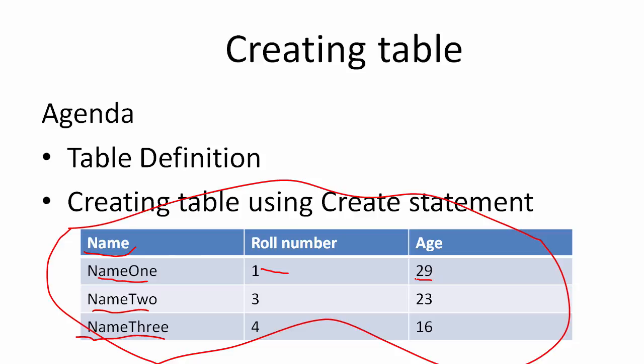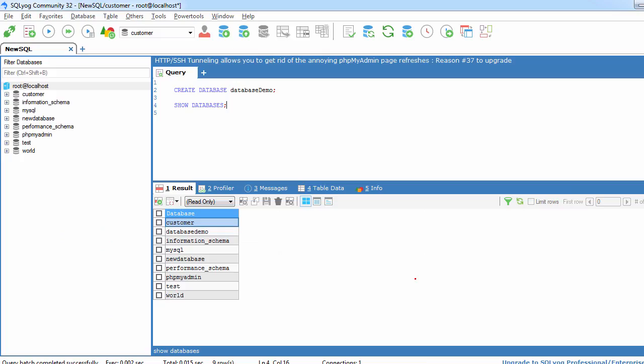So let's move back to the MySQL database and see how we are going to create the table. In the previous lecture we created one database, and we also verified that the database had been created. Now we are going to select this database for our table creation.